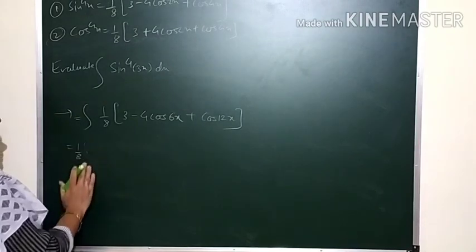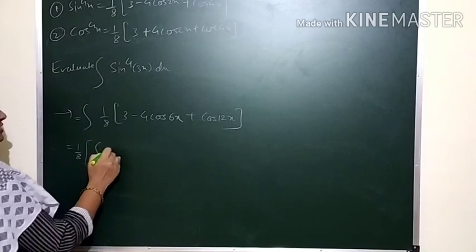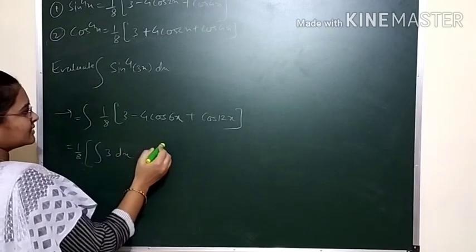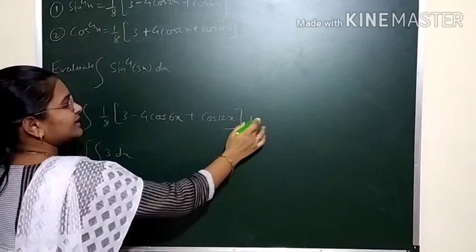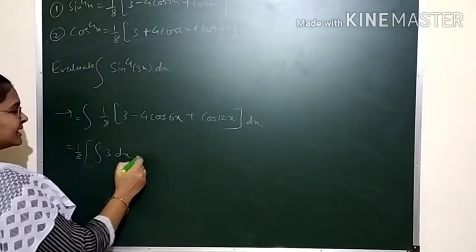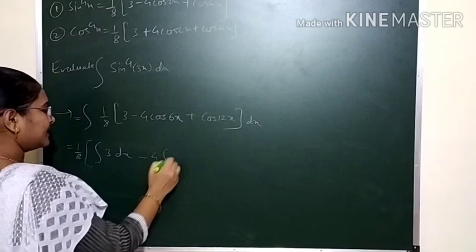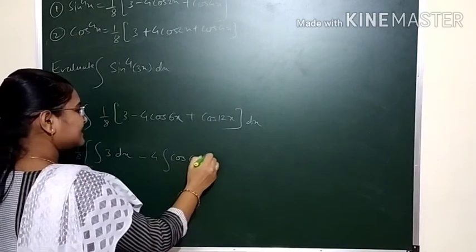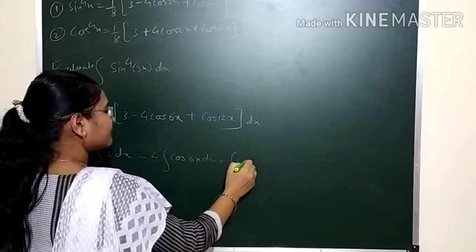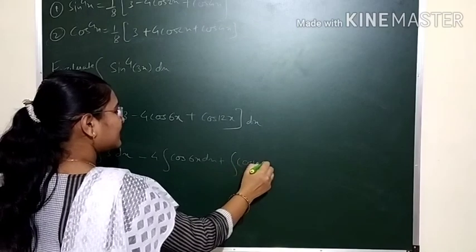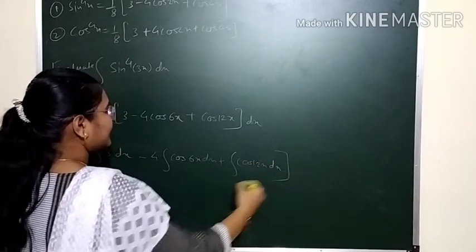So its integration will be equal to 1 by 8. We can split the integration of 3 dx. I forgot to write dx here, don't forget it. 3 dx minus 4 integration of cos 6x dx plus integration of cos of 12x dx. Okay, bracket complete.